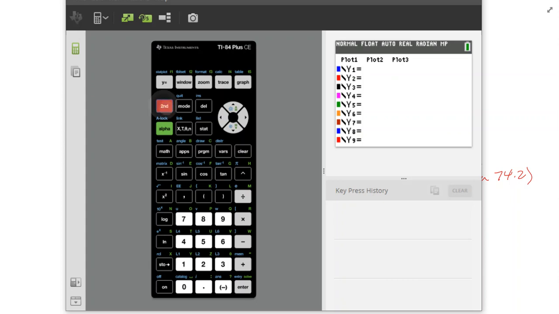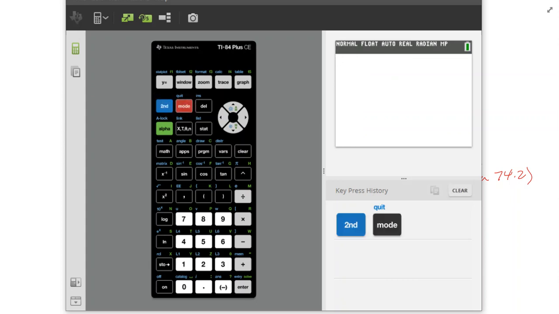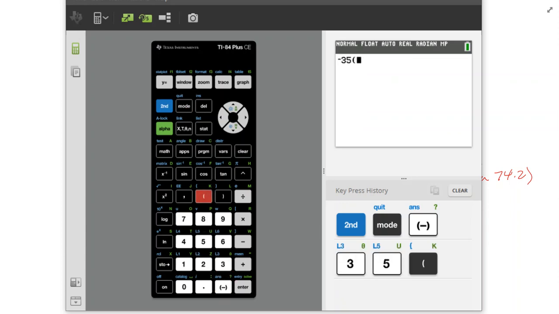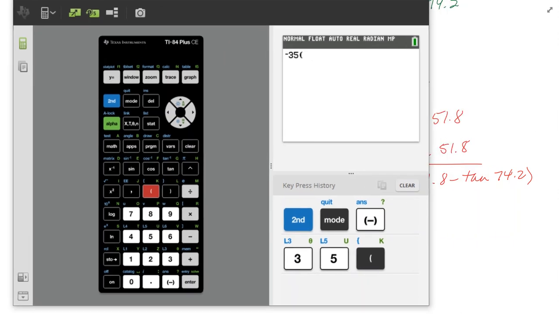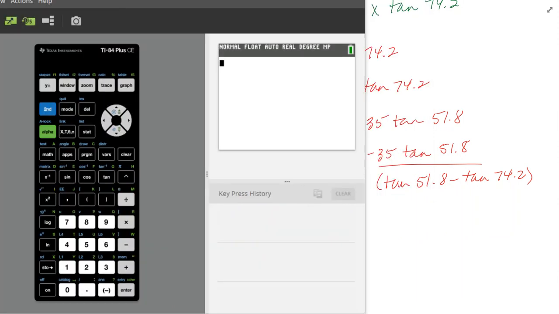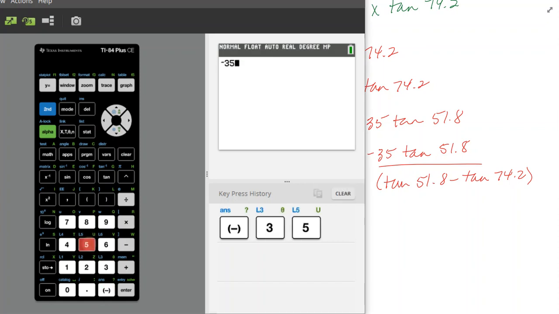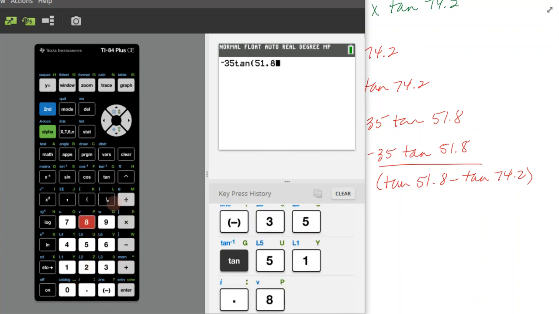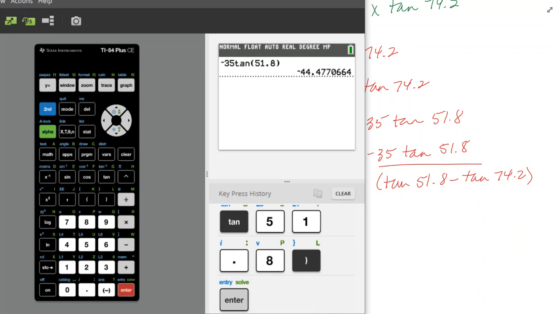So from here, we have negative 35 times the tangent. Okay, we'll try that again because I had my calculator in the wrong mode. So we're going to take negative 35 times the tangent of 51.8, and you can see that there.